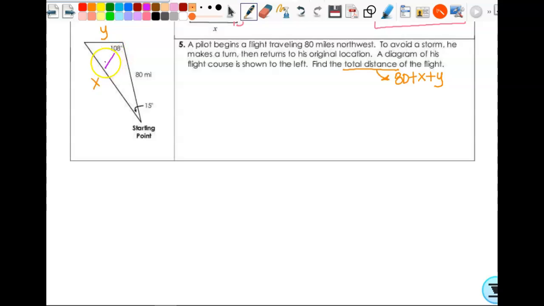X is across from 108, so I can do the sine of 108 over X equals, and then that 80 is across from this angle, but I don't know what that angle is, but I can figure it out. What would it be? 57.